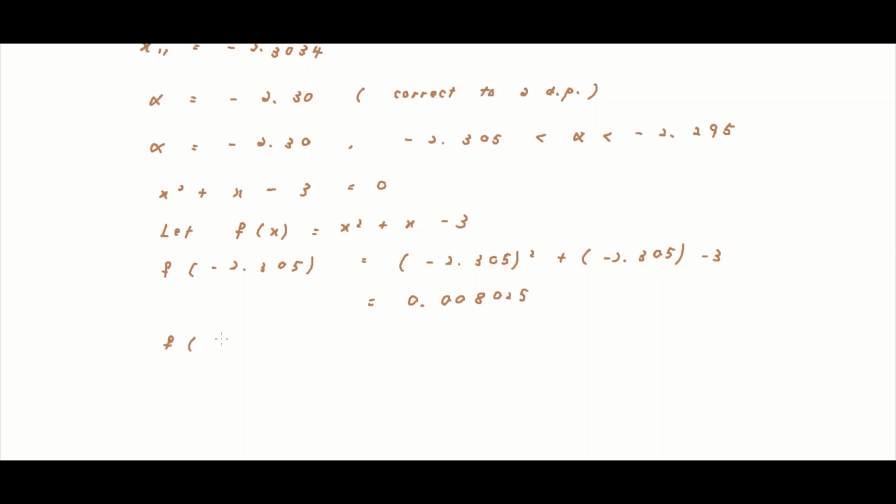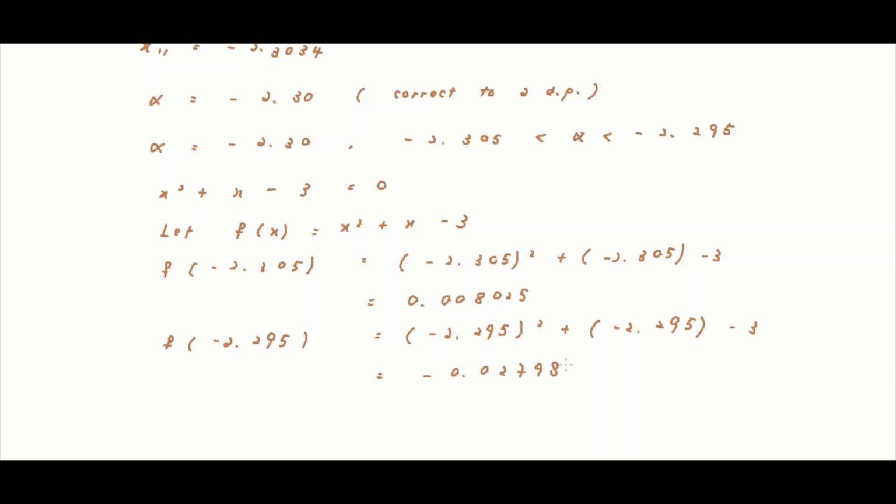When you substitute negative 2.295, I'm writing down everything for the first question so you understand what is going on here. Minus 3. When you key in your calculator, you get negative 0.02798. So from here, you have one positive and one negative.